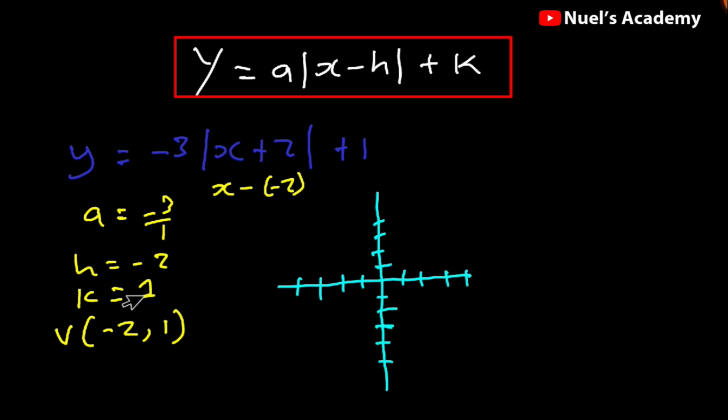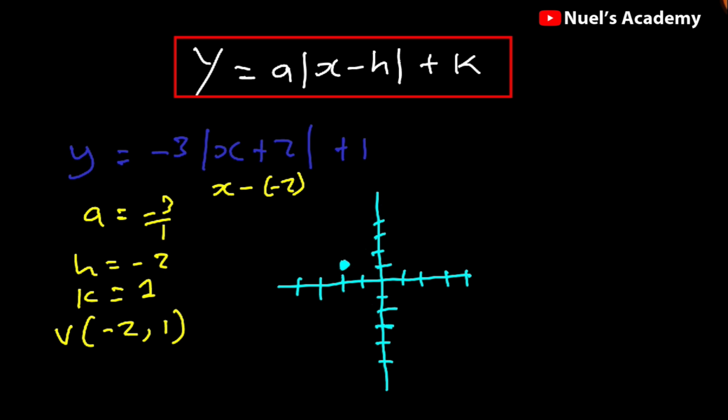Okay, so let's plot the points. When x is -2, y is 1. So here is -2, and then y is 1, which is here. So the point is going to be here. This is the vertex.